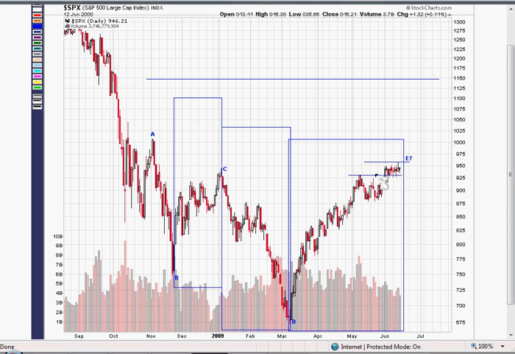And you see that the recent highs, the May high and the June high, are basically exactly corresponding with those levels. So there might be a price cap on this advance right at that level right there.